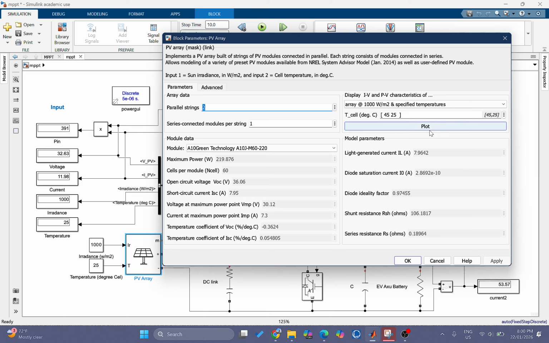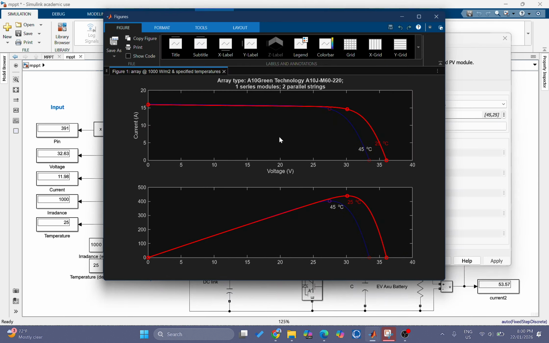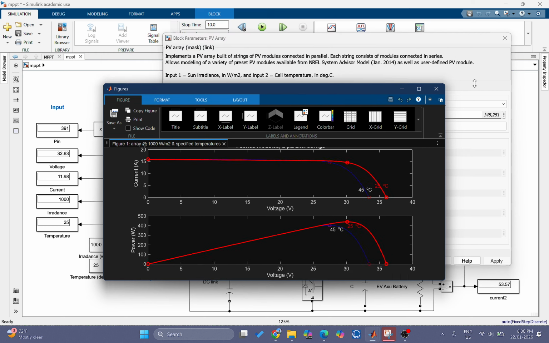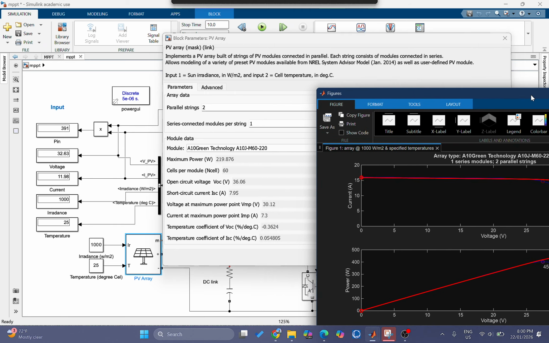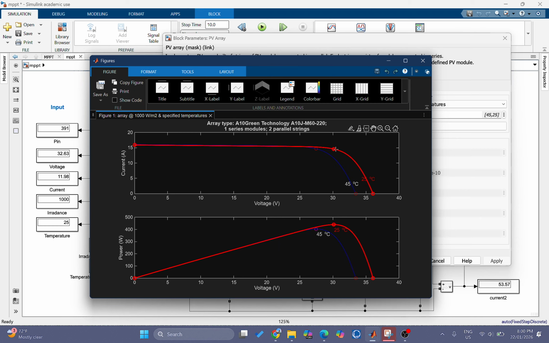Similarly, we can plot it here, and as I have mentioned earlier, the current at maximum is 7.3, and the power at 25 degrees, the power versus voltage and the current versus voltage.